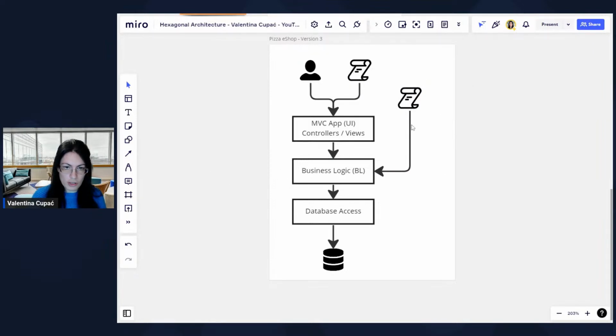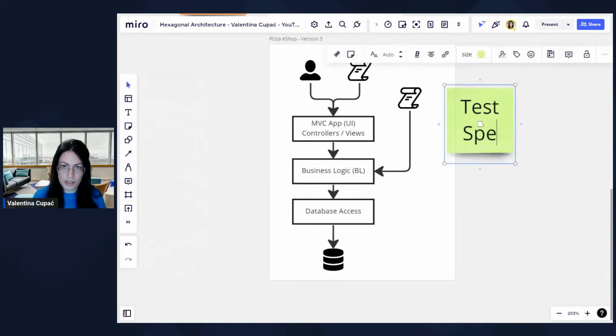So we've achieved a very important point here, which is that we have achieved test speed up. Because business logic tests are executed directly, not through the UI.